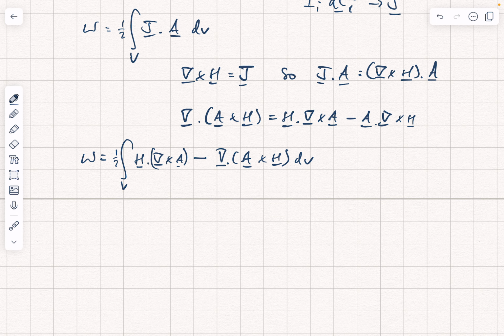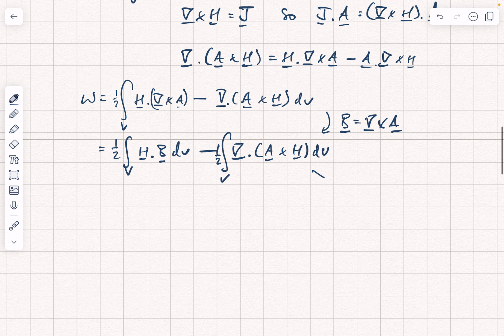But we know what the curl of A is, that's just the magnetic field. So that's equal to a half times the volume integral of H dotted with B dV minus a half the volume integral of the divergence of A crossed with H. And here we've used B is equal to curl A.